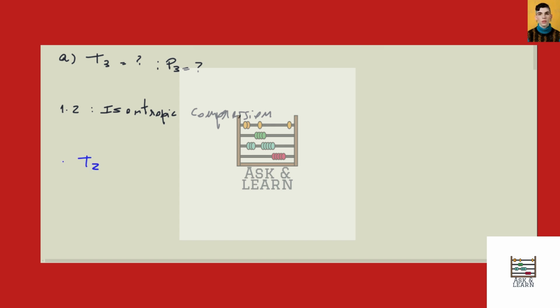So the temperature 2 can be described as temperature 1 multiplied by V1 over V2 to the power k minus 1. That's going to be equal to 300, which is the temperature 1, times V1 over V2, the compression ratio, so 8 to the power of 0.4.